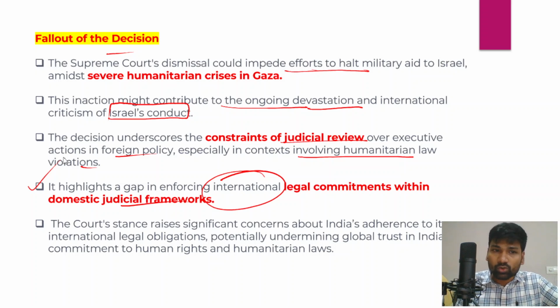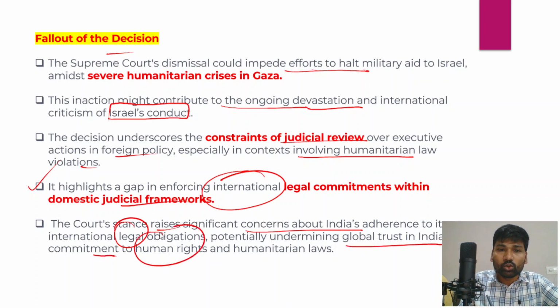The Supreme Court's overall stance has raised significant concerns about India's adherence to its legal obligations, potentially undermining global trust in India's commitment to human rights and humanitarian laws as well.